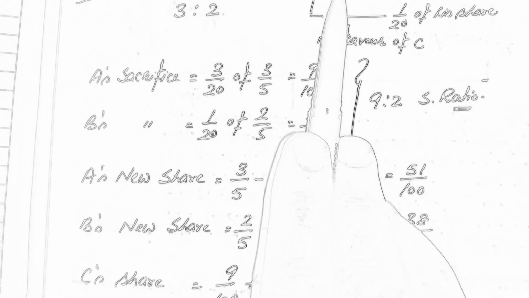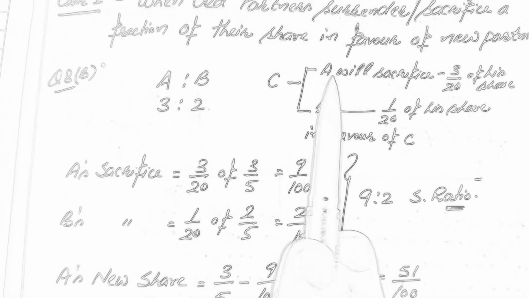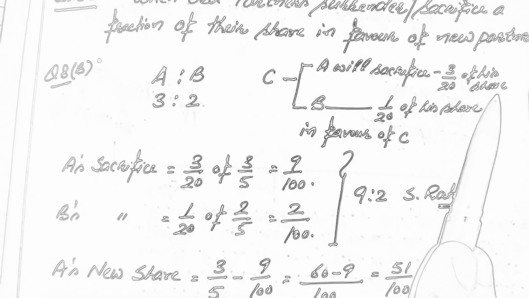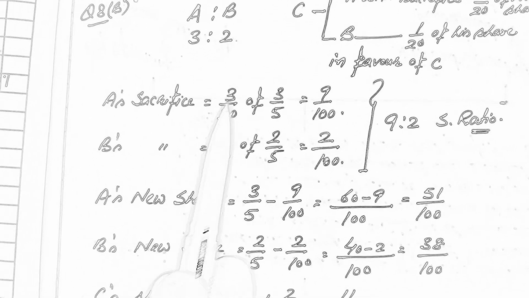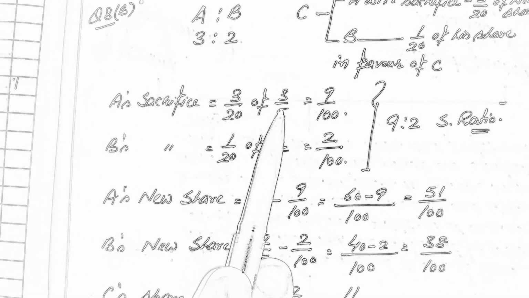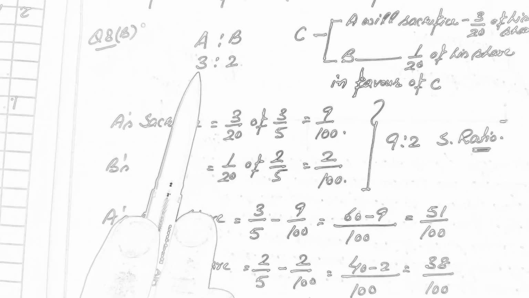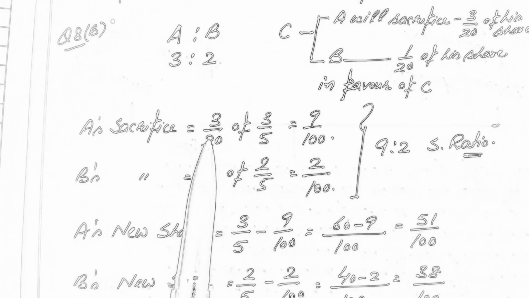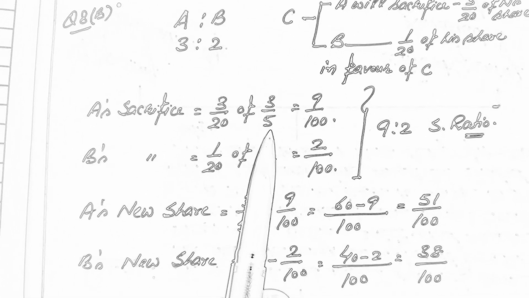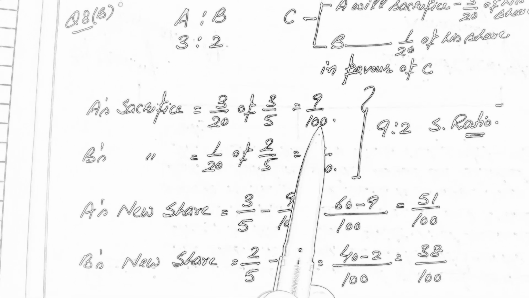First of all, we will calculate the sacrifice of the old partners. As per the given information, A will sacrifice 3/20th of his share. That means A's sacrifice is equal to 3/20th of his share, and A's share is 3/5. So 3/20th of 3/5 is 9/100.